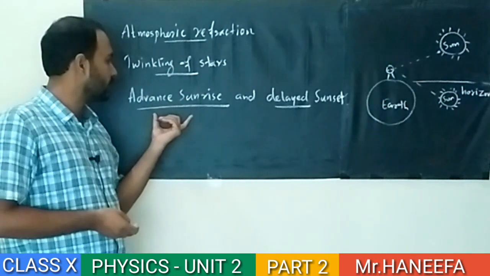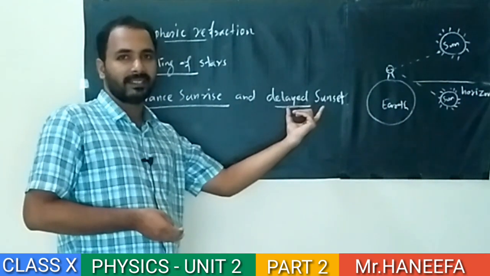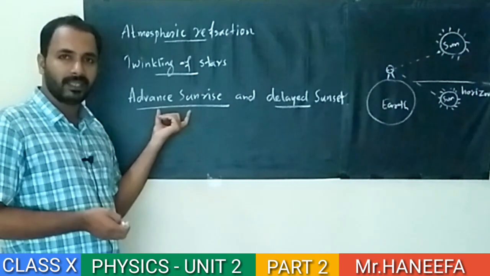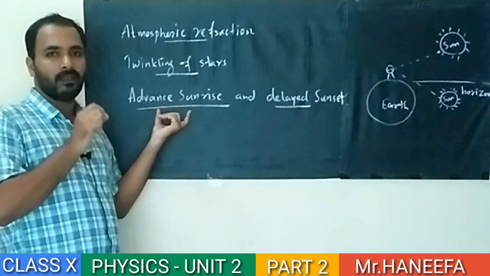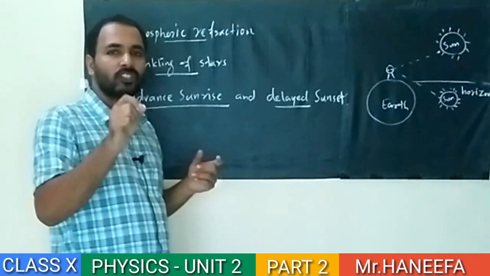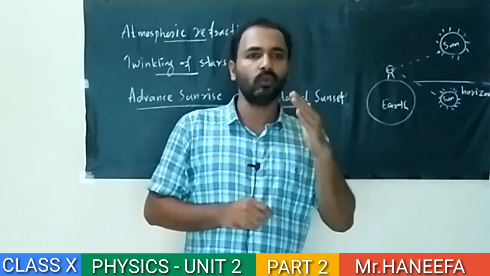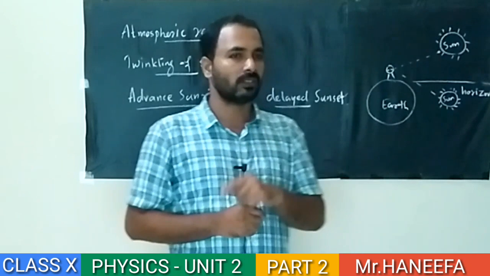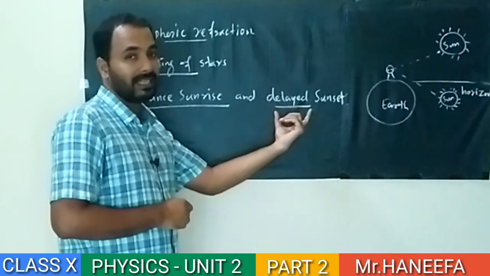The next application is advanced sunrise and delayed sunset. What is advanced sunrise? We can see the sun 2 minutes before actual sunrise, and 2 minutes after sunset. That is called advanced sunrise and delayed sunset.